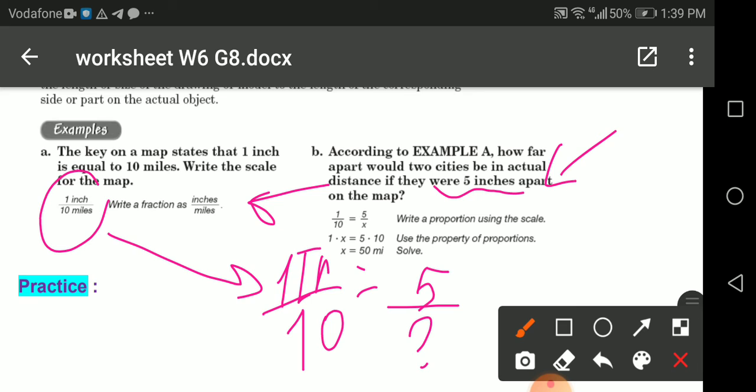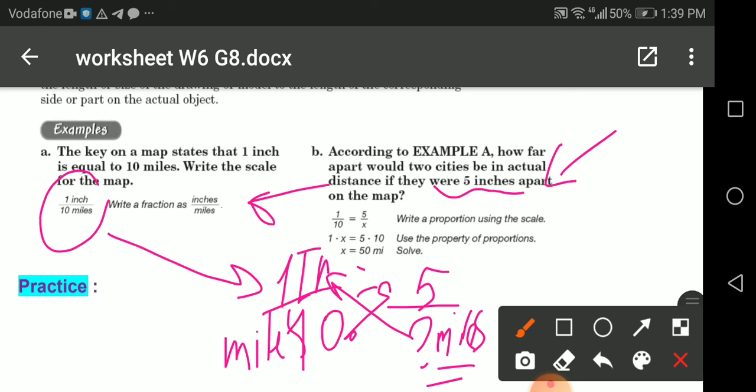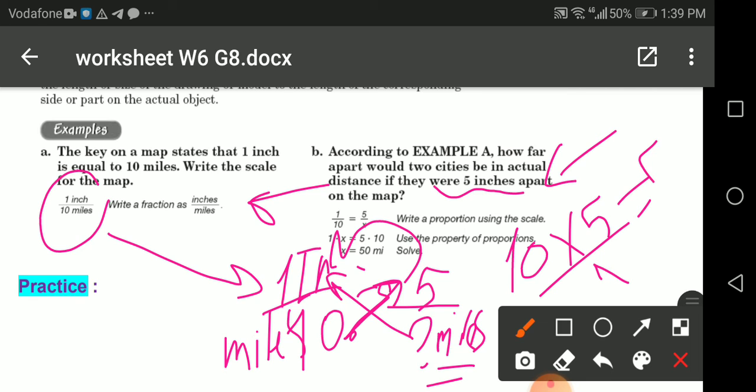The distance is measured in miles, remember that, and here it is measured in inches. Cross multiplication is the easiest method. So 10 times 5 all over 1. It gives me what, guys? It gives me 50 miles.